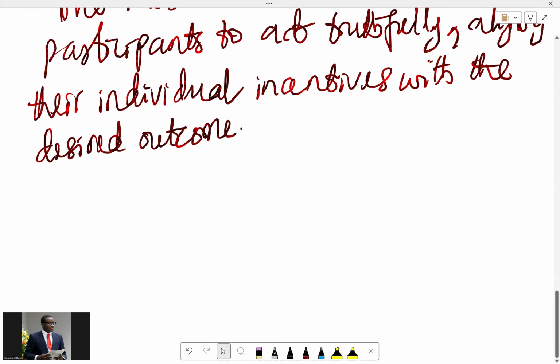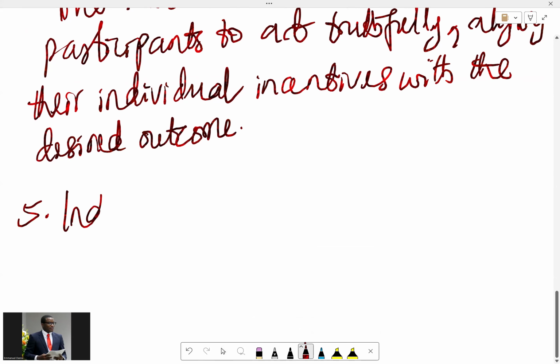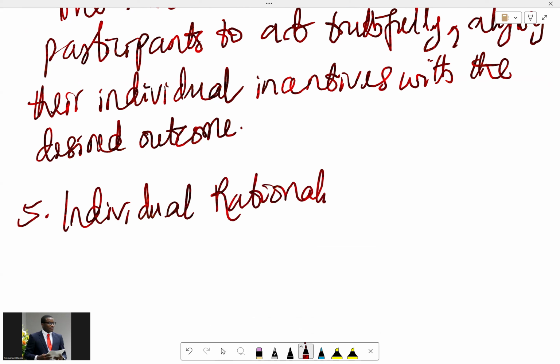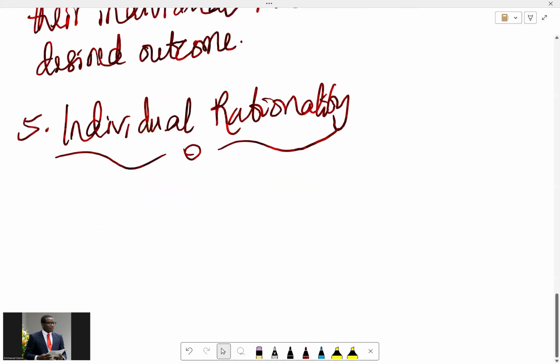And of course, there is individual rationality. In classical game theory, we assume that everybody playing the game is rational, but that's not always true.